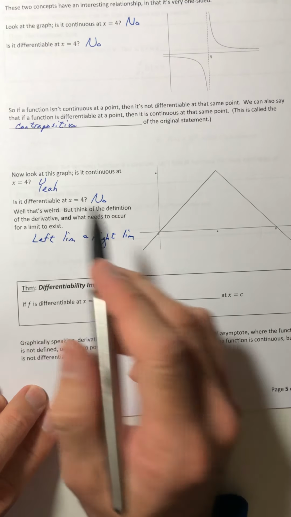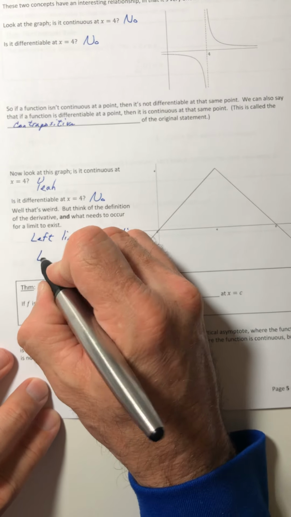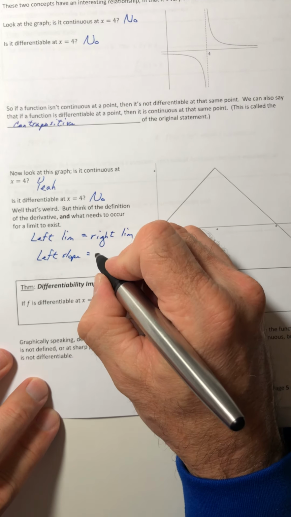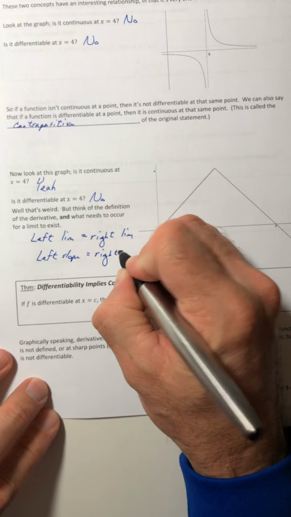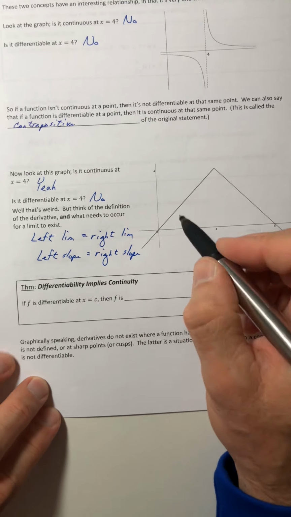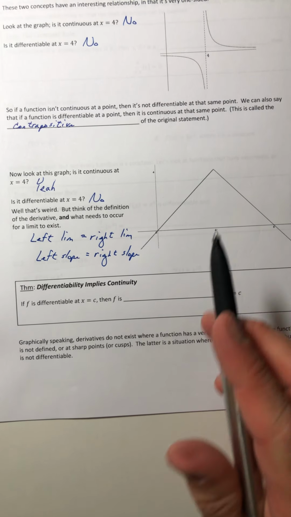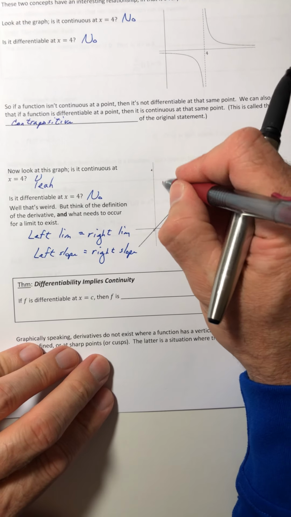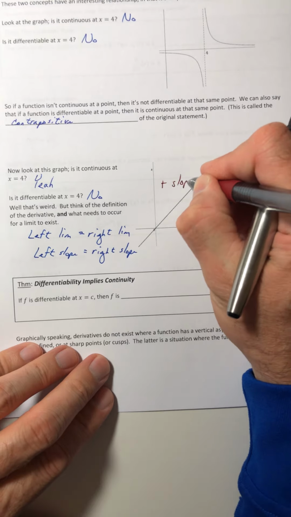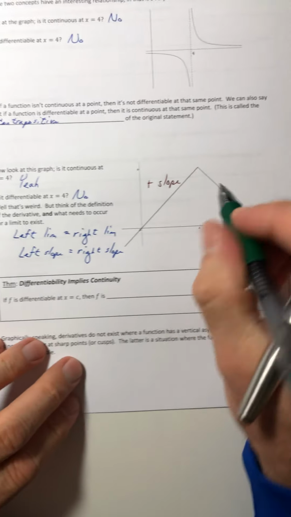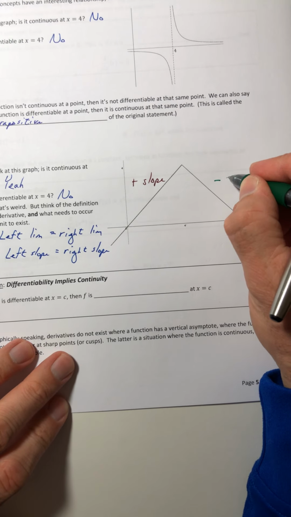Well, when we start talking about derivatives, that would mean that the left slope equals the right slope. And let's look at this curve. So on the left of 4, you've got a positive slope. But on the right of 4, you have a negative slope.